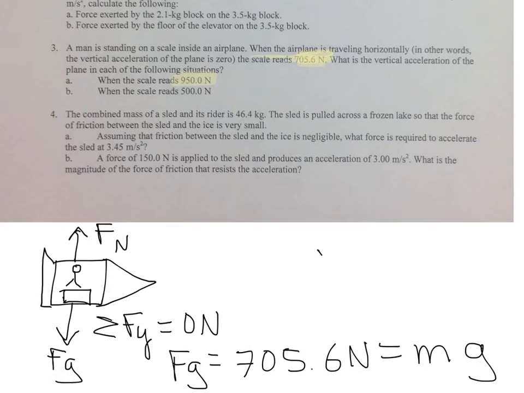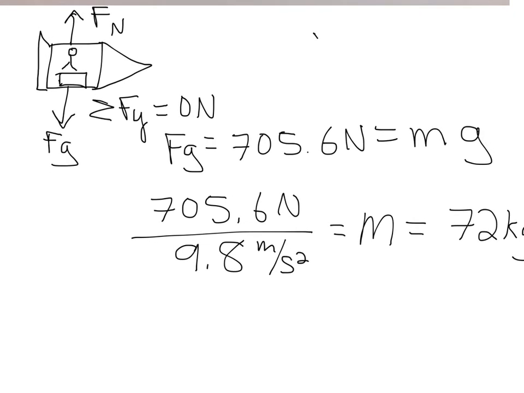Okay, so let's go back and we'll try to solve that part there. We have that the scale is reading 950 newtons. So if the scale is reading 950 newtons, then that tells me that his force is much bigger in this case.